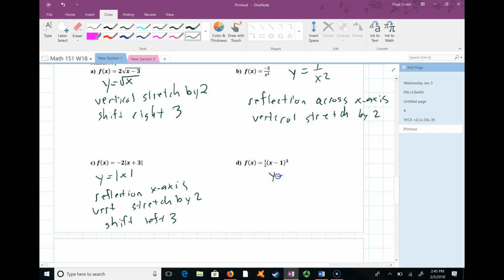This one's parent function is x cubed, and it has a vertical stretch by 1/2, and it's shifted right 1.